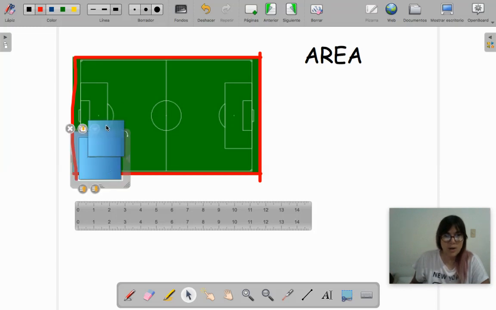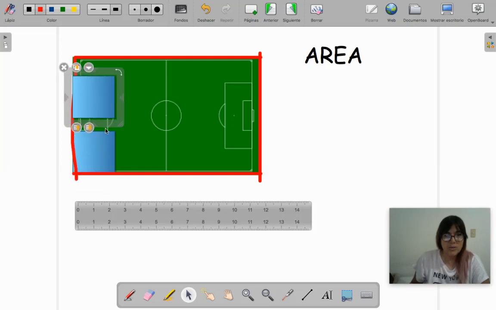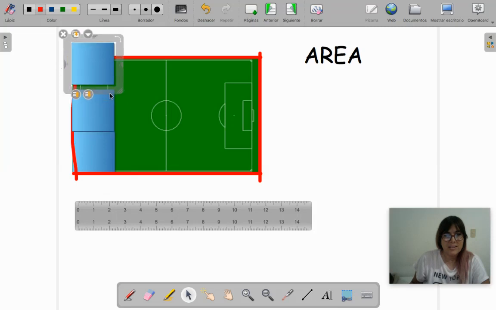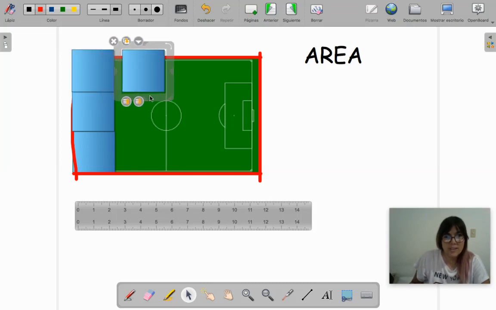That would be 1, that would be 2, that would be 3. Okay, it gets a little bit out, but it doesn't matter. And that's it. We just continue filling all the area with squares.